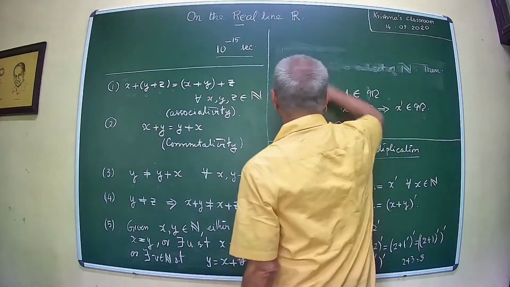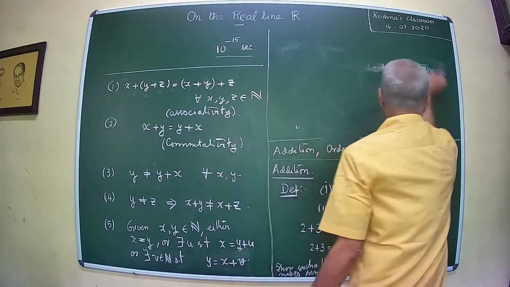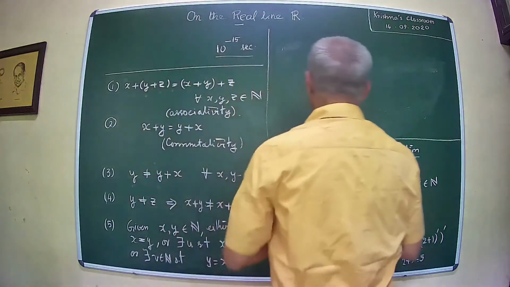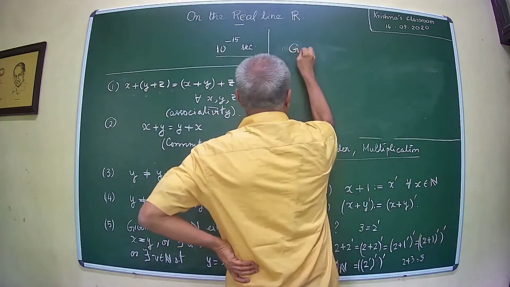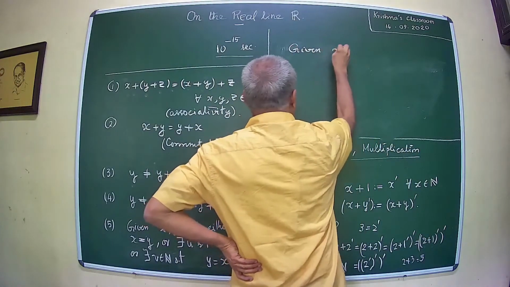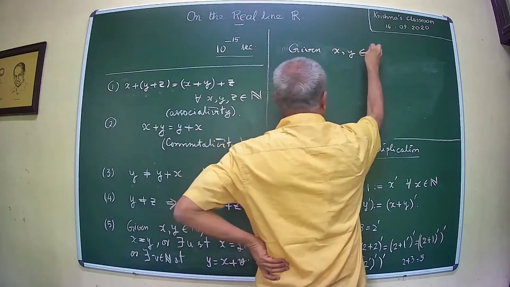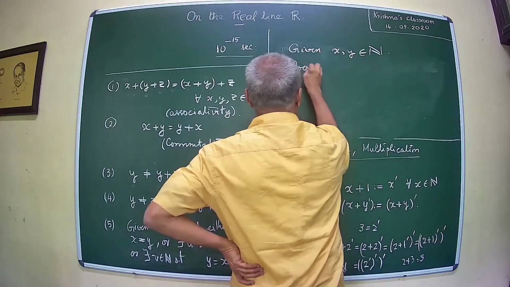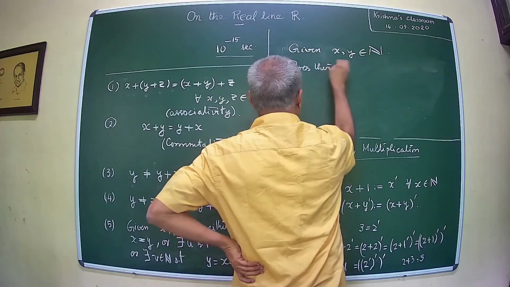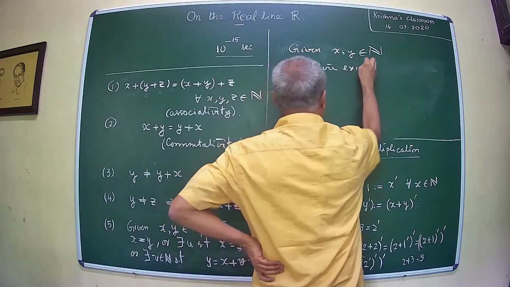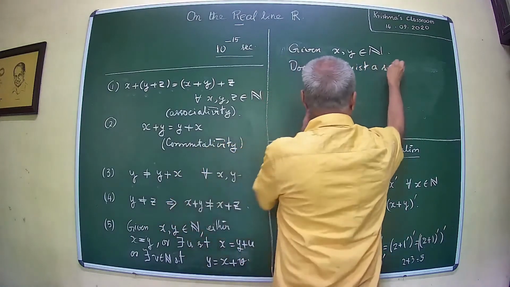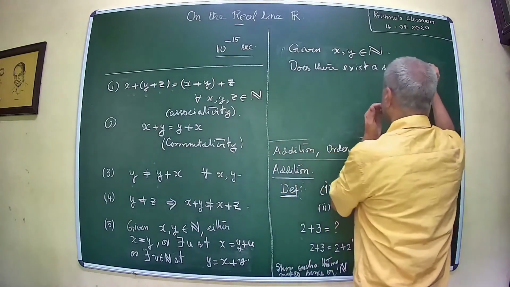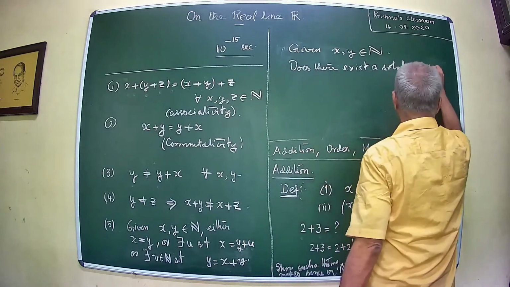What does it say? You have a question here. The question is this: given X, Y belonging to n, does there exist a solution of the equation x plus u equals y?